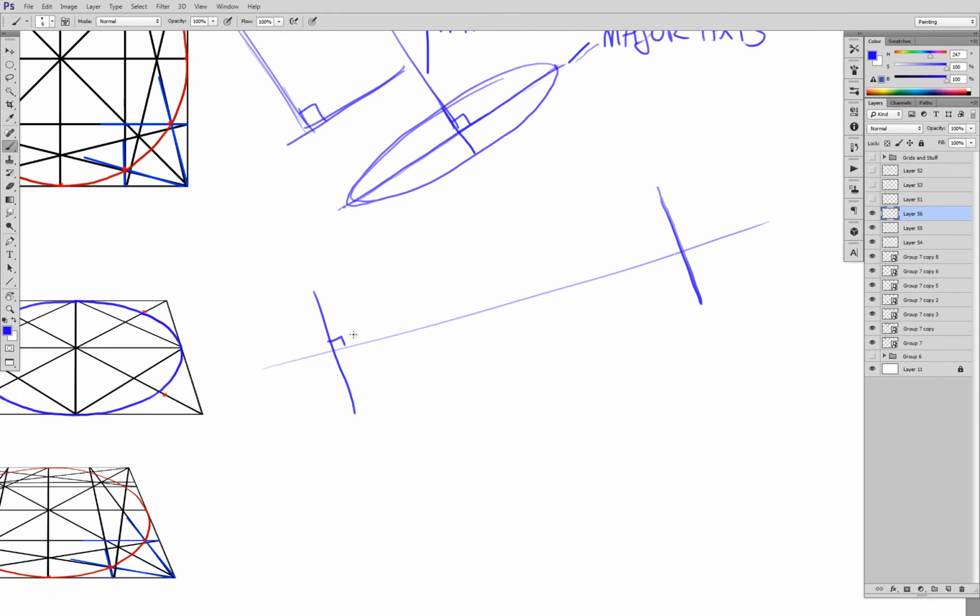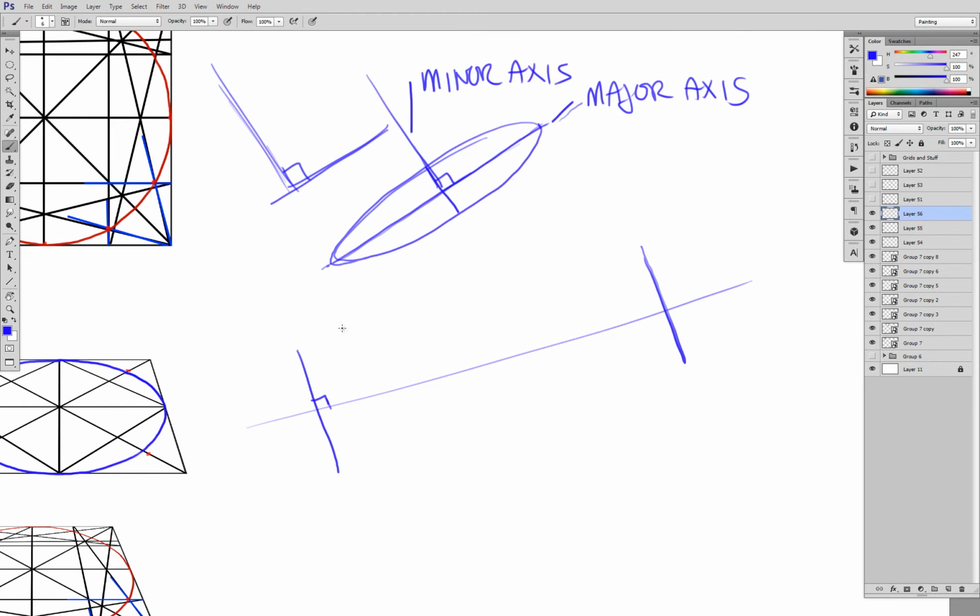So the center line will always be perpendicular to the major axis. They'll always be 90 degrees. Visually, like actually 90 degrees.